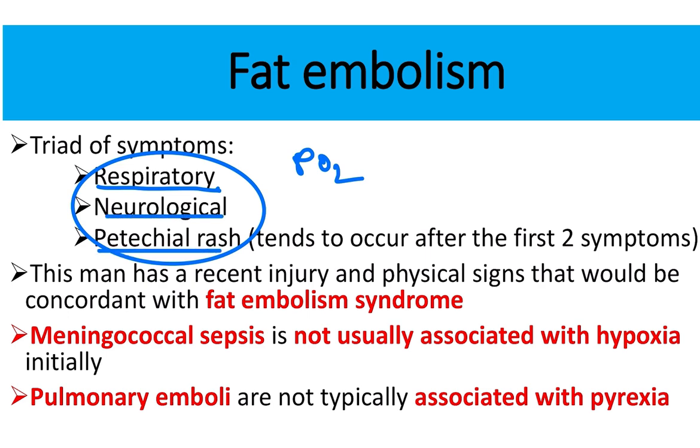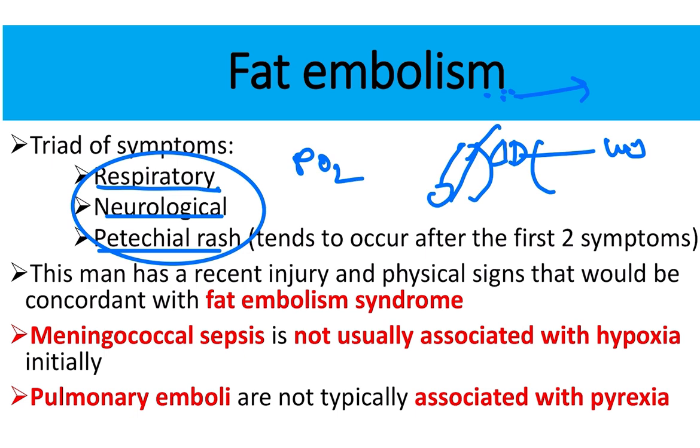In fat embolism, keep in mind that there is definitive lung injury, there is also brain injury, and there is also skin involvement, that means petechial hemorrhage.